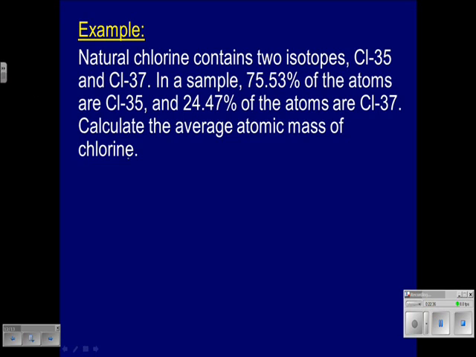Okay, so here's how we do this. Normally I would do an example with you to hammer this home, where we talk about the average age of the students in the classroom. Obviously I'm not there, so I can't do that.